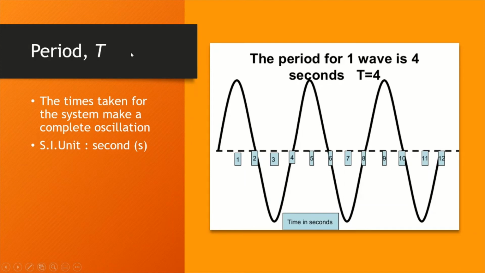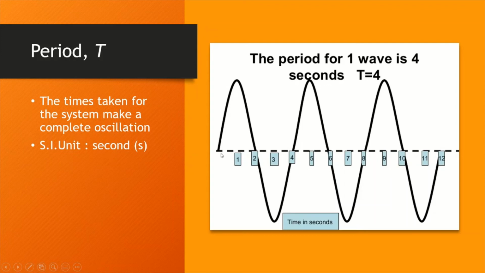All right, period. Period is the time taken for a system to make a complete oscillation. So it is a time period. Period tells us time. How much time does it take to make one complete oscillation? Because it is time, the SI unit is second.